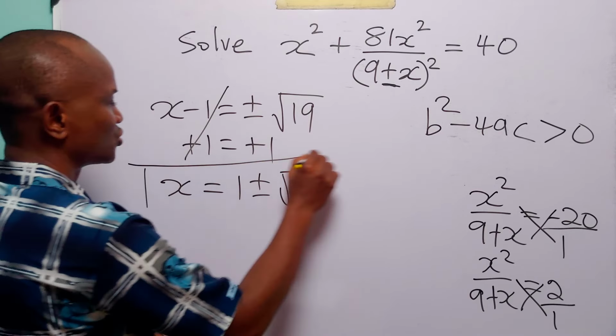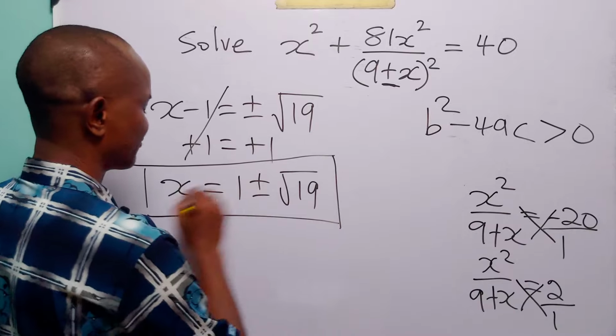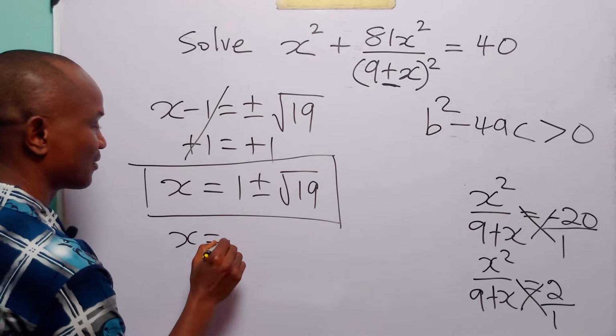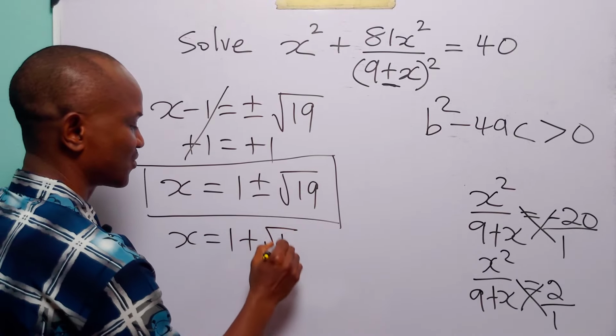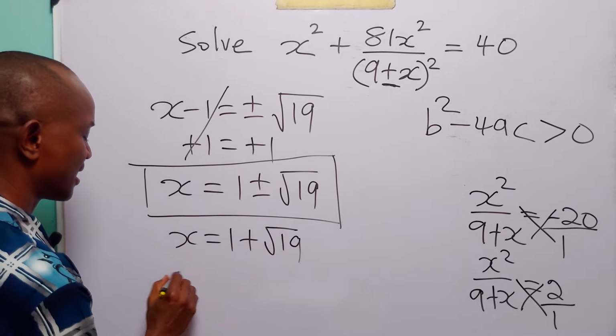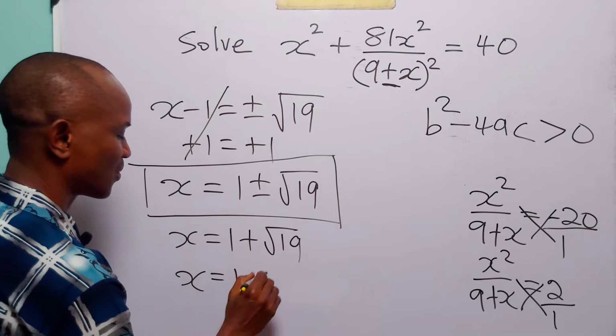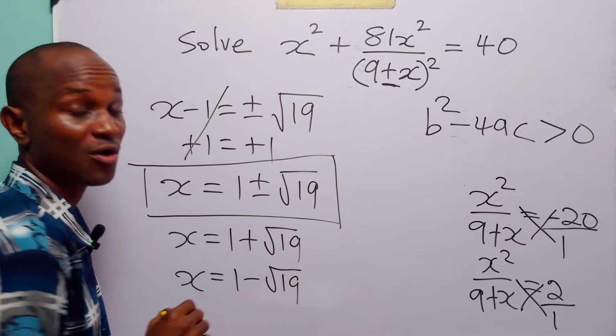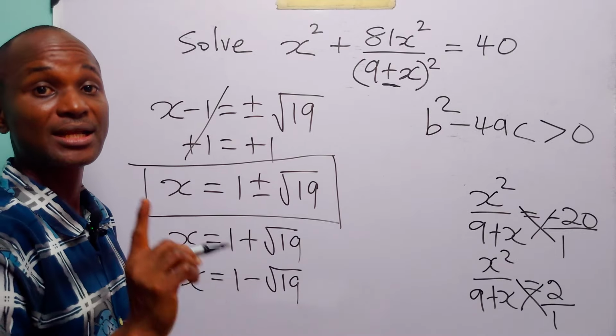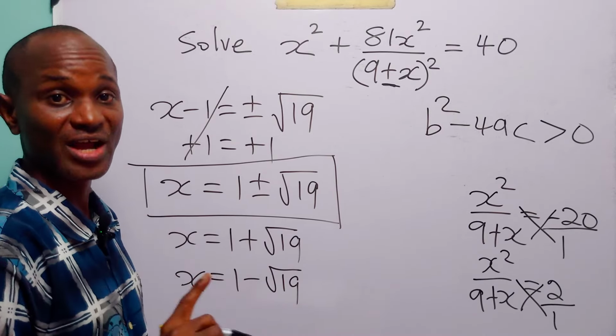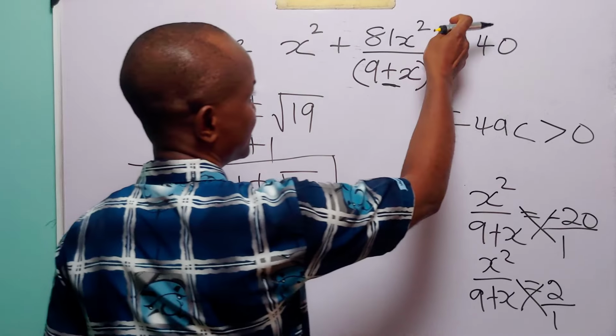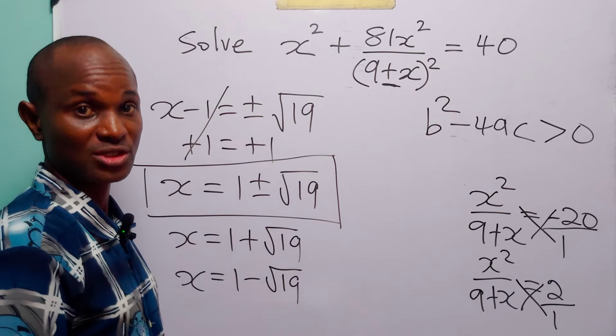So we have two values of x from here. We have that x is equal to 1 plus the square root of 19. And we have that x is equal to 1 minus the square root of 19. So these are the only two real values of x that satisfy this rational equation.